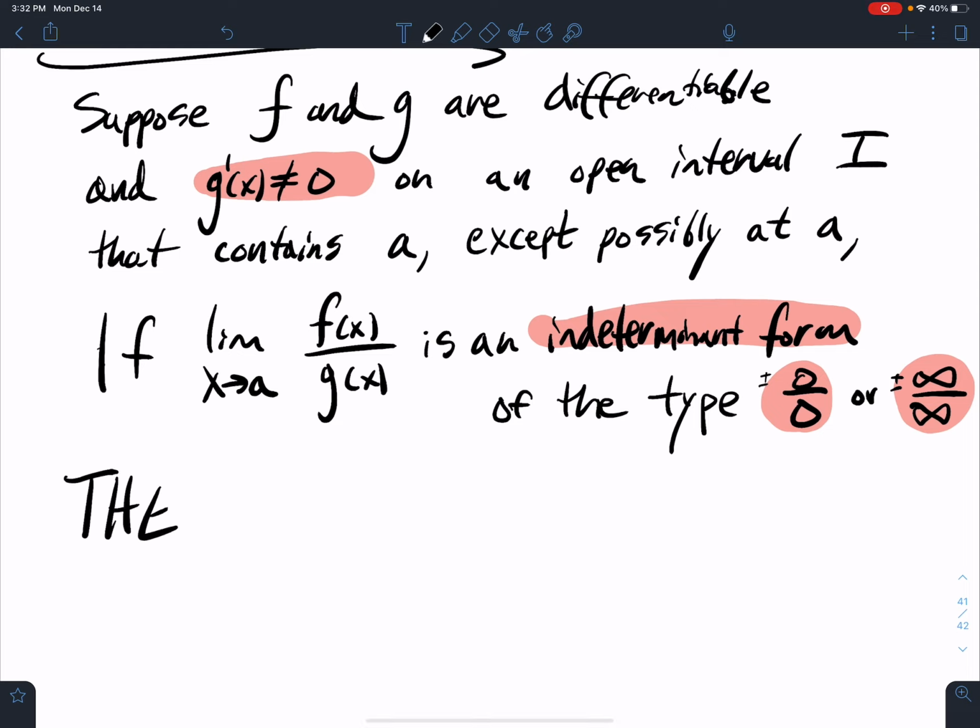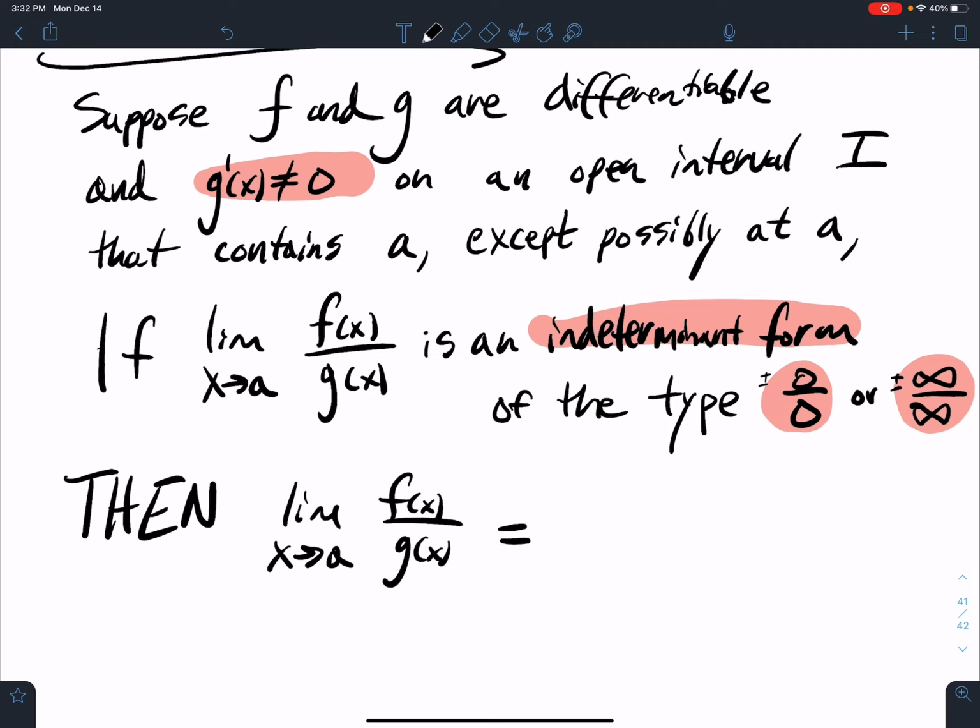Then, what does L'Hopital's rule say? It says the limit as x goes to a of f of x over g of x is equal to the limit as x goes to a of f prime of x, so we take the derivative of the numerator, divided by g prime of x, the derivative of the denominator.